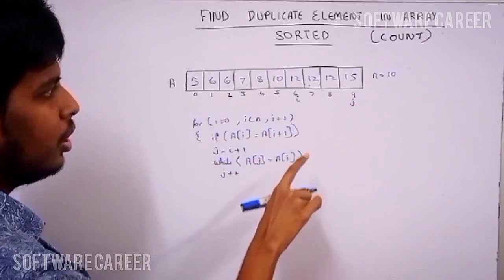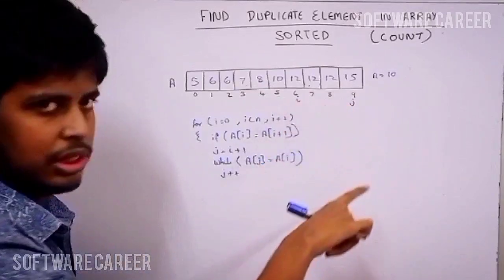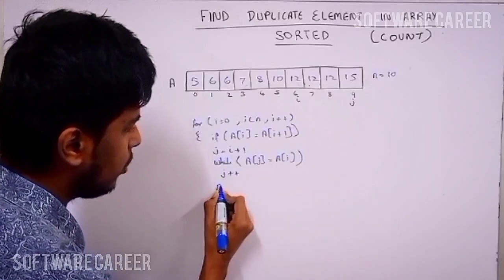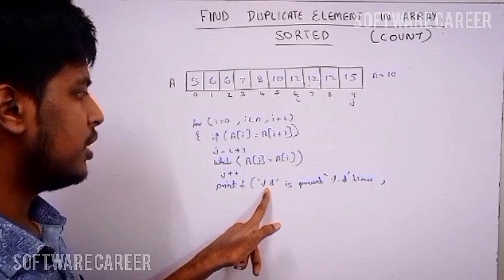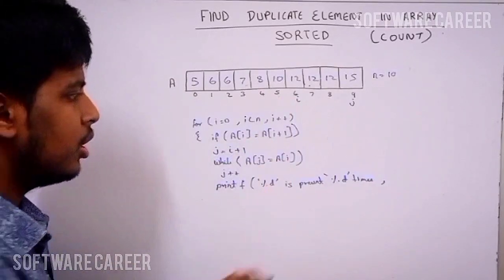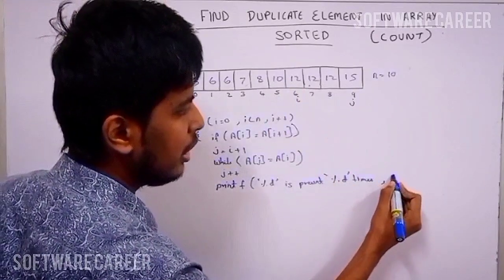So you stop. Now you should print how many times it's repeated, that is j minus I times. So I am writing the print statement. Now what is this percentage d? Here, 12 is the first percentage d, and 12 is a of I, the duplicate element.